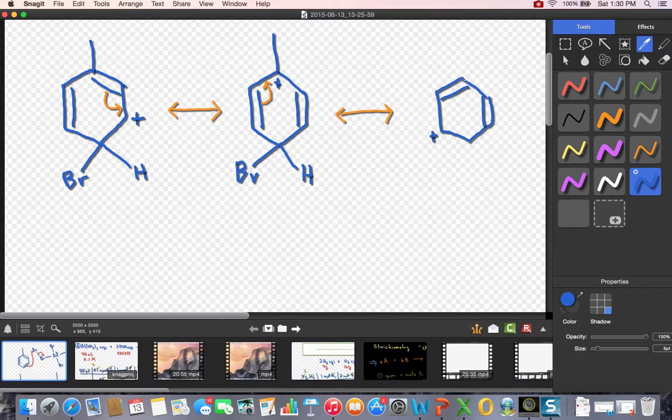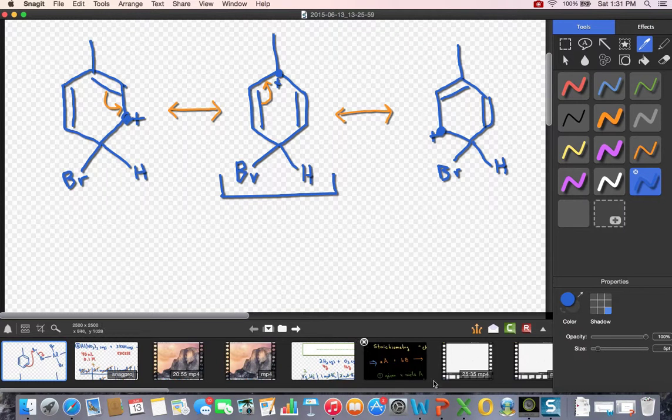And one thing you should notice is the location of these positive charges relative to the bromine atom that has been attached to this molecule. Ortho to the bromine, para, and I should say it's the carbon that's bonded to the bromine, ortho to the carbon that's bonded to the bromine. This is the one that's especially stable in energy.